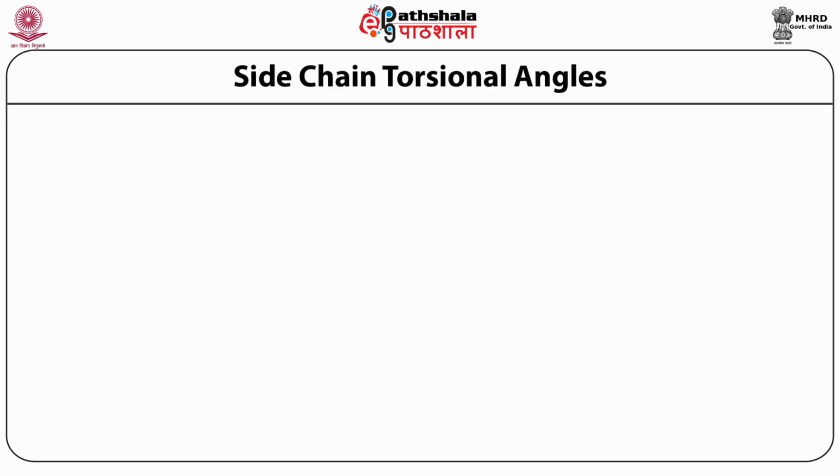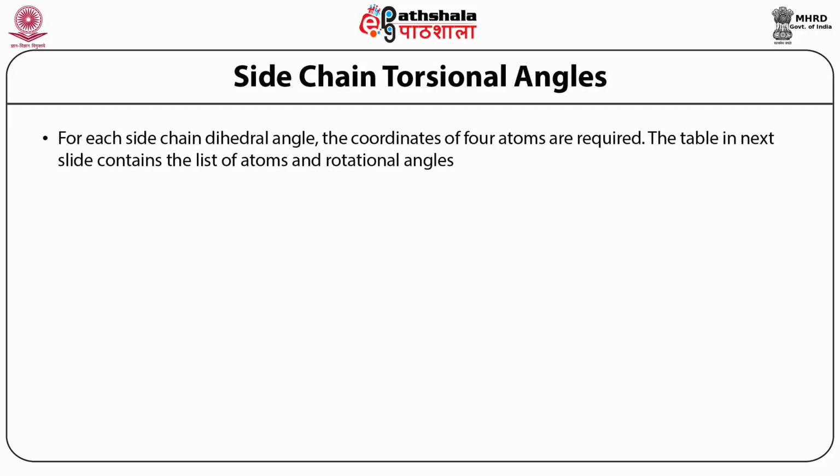Side chain torsional angles: for each side chain dihedral angle, the coordinates of 4 atoms are required. The table in the next slide contains the list of atoms and rotational angles.